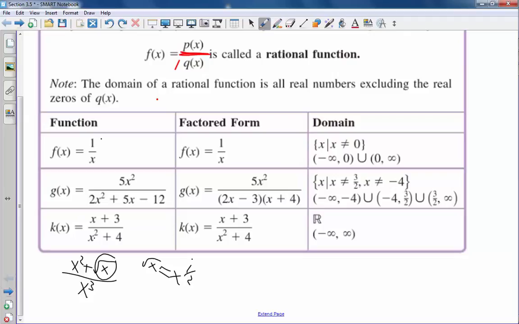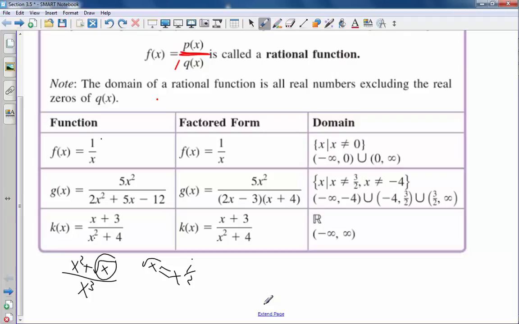Again, why do we want to factor it? To be able to check what numbers you substitute in x that make this denominator 0. Why do we care whether it becomes 0 or not? Why is it so important? Because the denominator can't be 0.